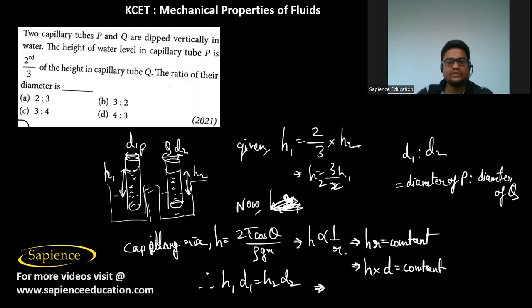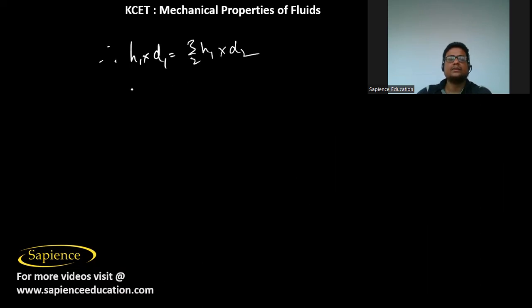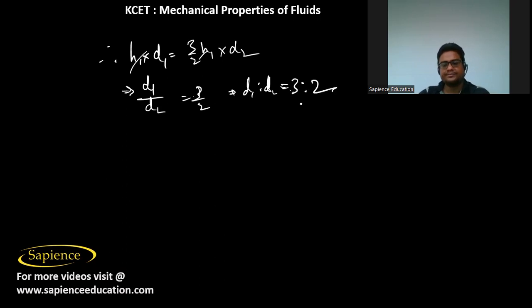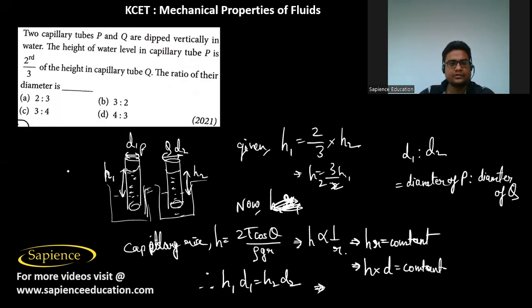The ratio of their diameters D1 by D2 has been asked. H1 will cancel, so D1 by D2 is 3 by 2. So D1 is to D2 will be 3 is to 2. So option B is the correct answer.